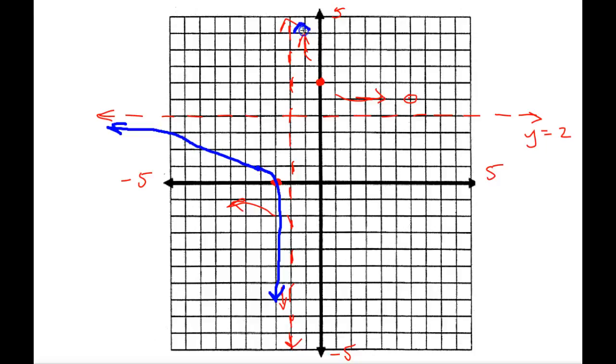On the right side, we start up here at the top, go through the y-intercept, go through the hole, and then right along the line y equals 2. And so this is what the graph of this function looks like. So please check out the next example.